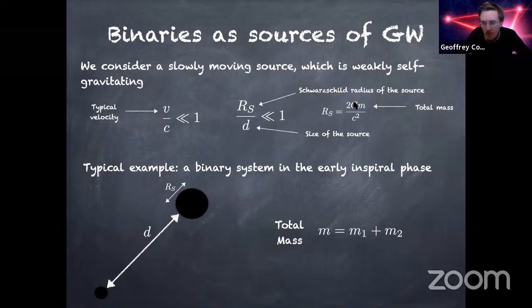The Schwarzschild radius is the total mass of the system times 2G over c squared. A typical example is a binary system in the early inspiral phase. The distance d is the distance between the two compact objects, and the Schwarzschild radius is the one of the total mass. But if you have one mass much bigger than the other, it's mostly the Schwarzschild radius of the largest mass.